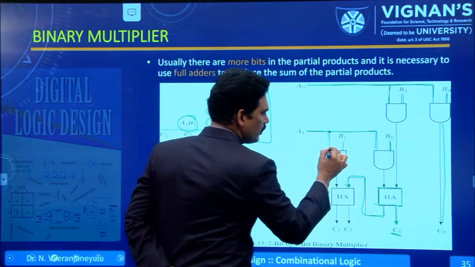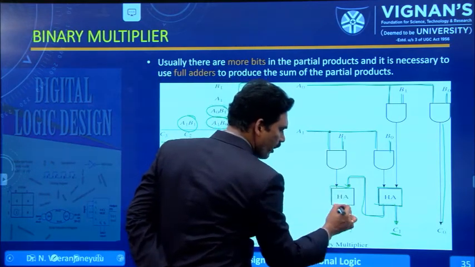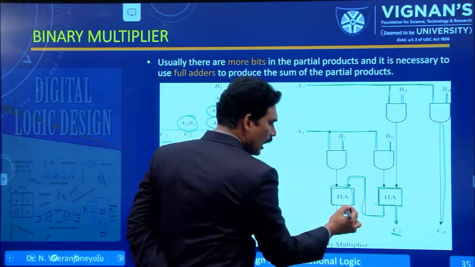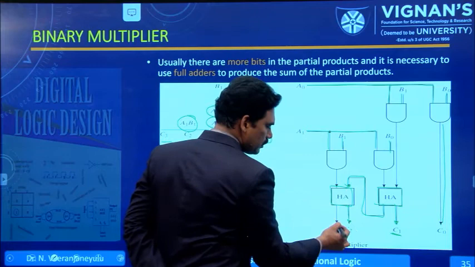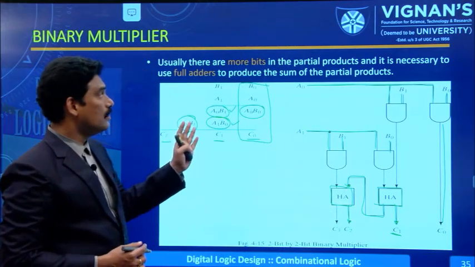This is A1 and this is B1, and the output is given to the half adder. The carry will be added to this, and we will get C2 as one carry and C3 as another carry. This is a binary multiplier.